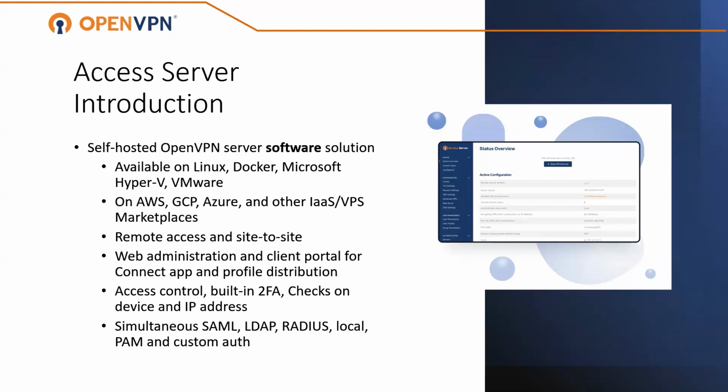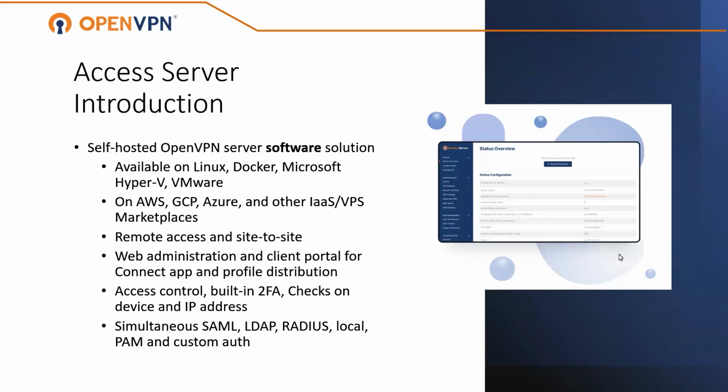After authentication, Access Server can perform additional checks to see whether they are using an authorized device, whether they are connecting from an authorized IP address, or even perform 2FA checks. And then finally, when authenticated access is granted, you can configure access control all the way up to the user level.